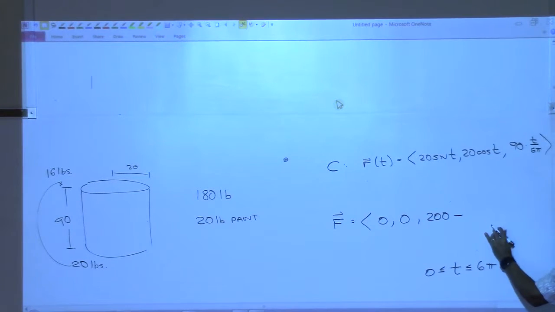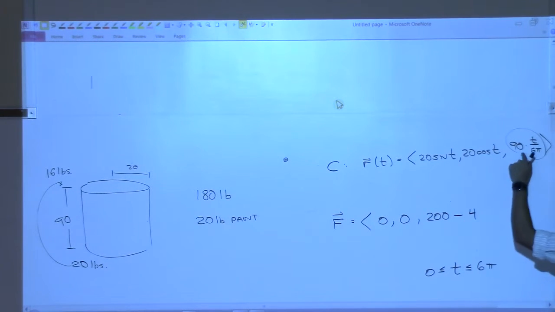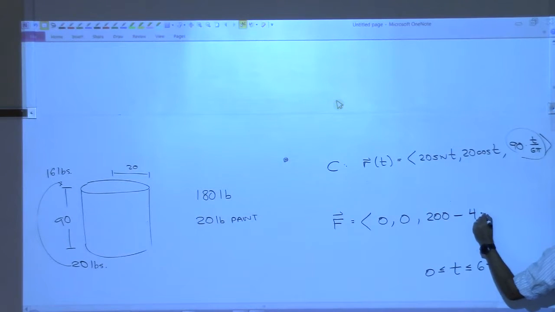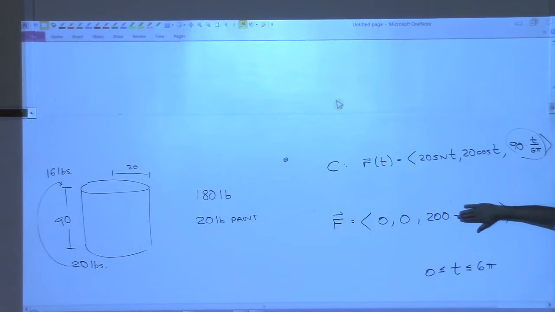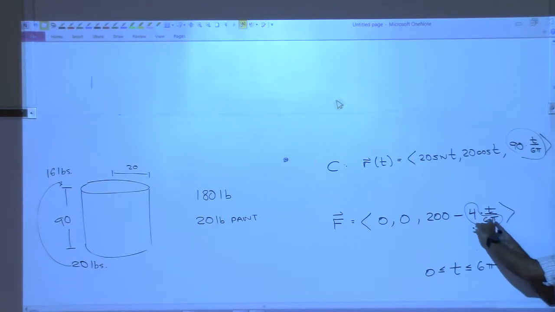It's very similar to this. You want to lose a total of 4 pounds, just like you wanted to get to a height of 90, as t goes from 0 to 6 pi. So at t equals 0, you will have a 200-pound man. When t gets to 6 pi, you will have taken away 4. So like you were saying, the slope comes from this right here. Does that help?